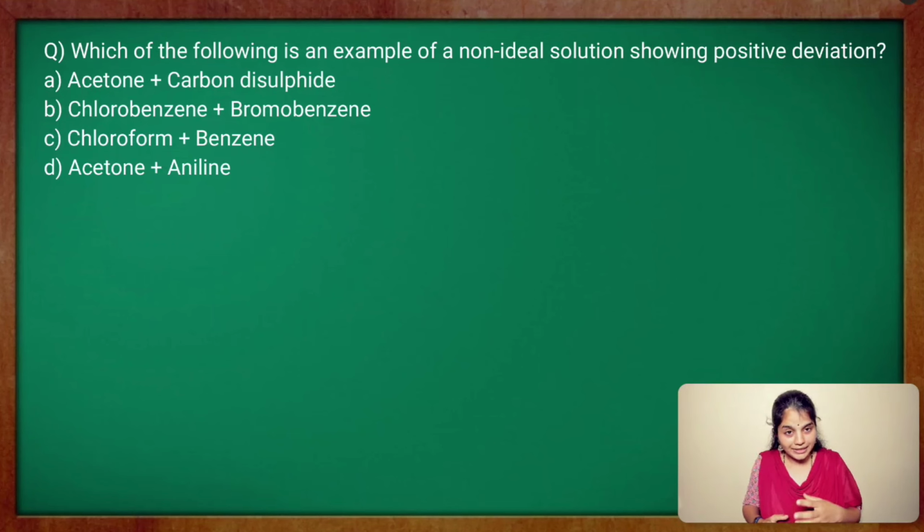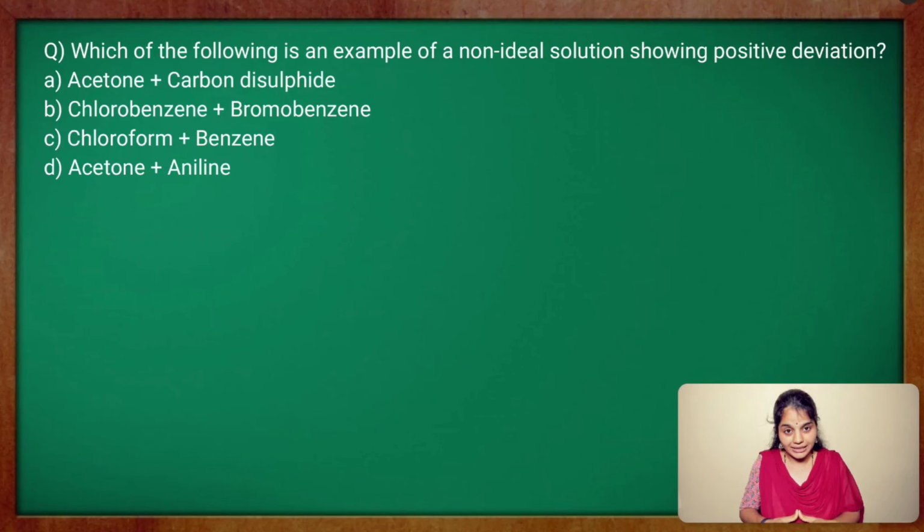So this particular question is related to the concept of ideal and non-ideal behavior of solutions. In case of non-ideal solutions showing positive and negative deviations, how can you identify among the examples which one is showing a positive deviation, which is showing a negative deviation, and which is showing ideal behavior?